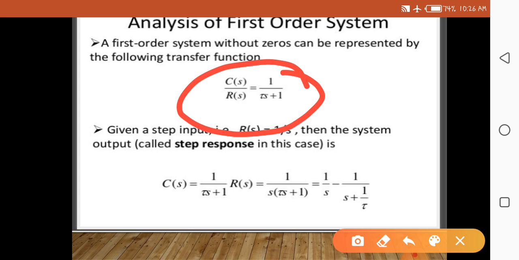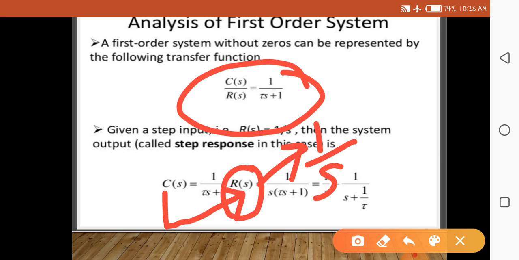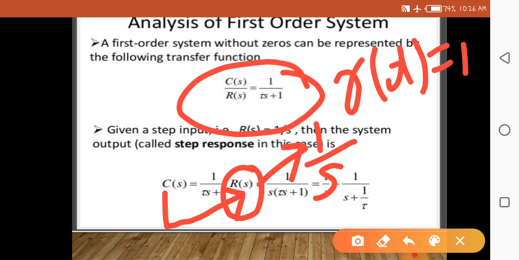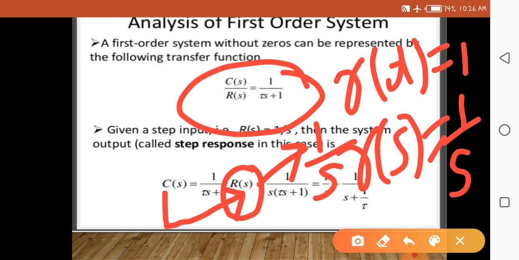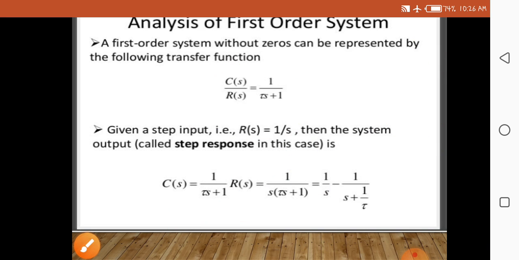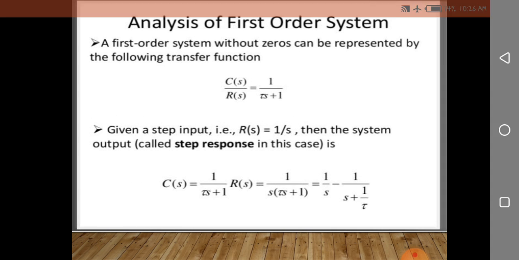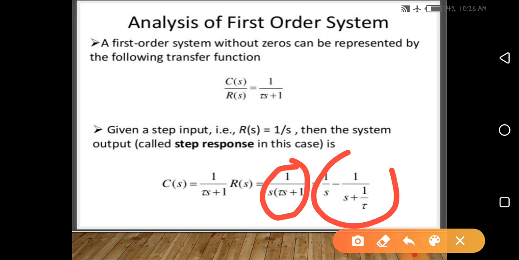Now R(S) is shifted here, so C(S) equals 1 upon (TS plus 1) times R(S). For a unit step function, R(S) is always equal to 1 upon S. How? Because R(t) is equal to 1 for a unit step signal, so the Laplace transform of R(t) is equal to 1 upon S. So put the value of R(S) in this.